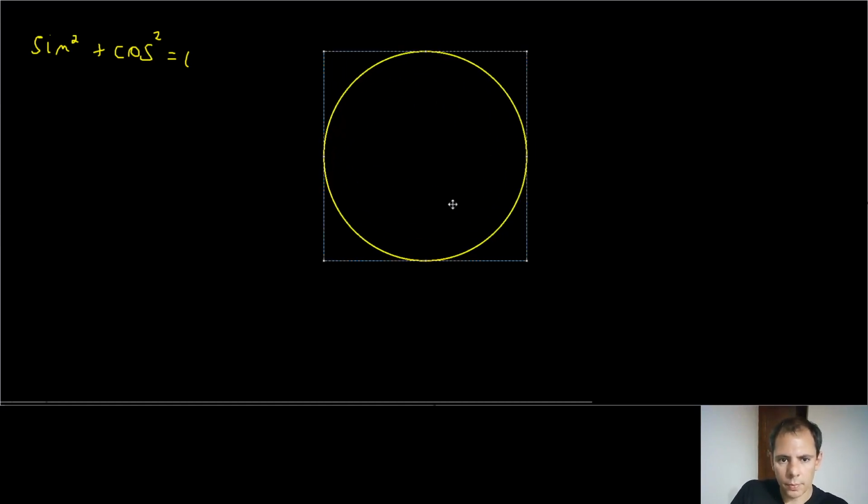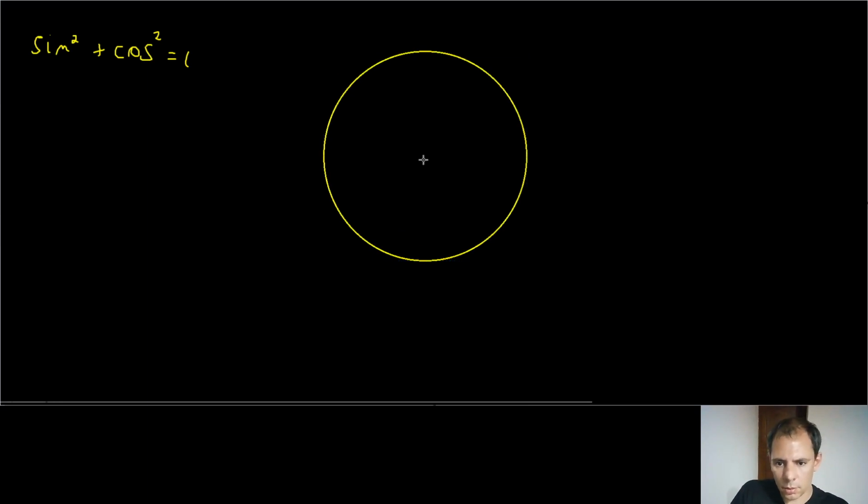For example, sine squared plus cosine squared equals 1, right? But when it comes to hyperbolic sine, why is this 1? I just want to show this for people that don't know.